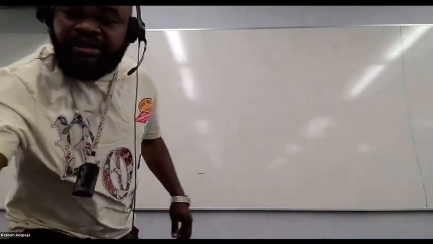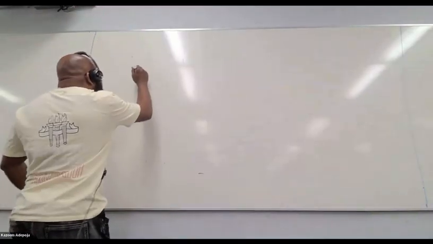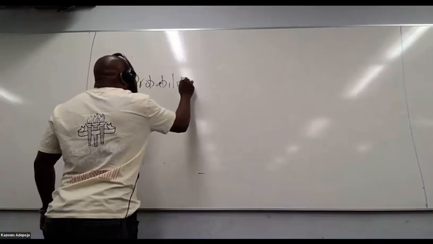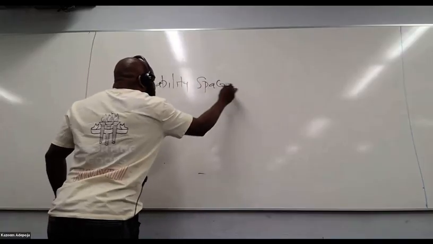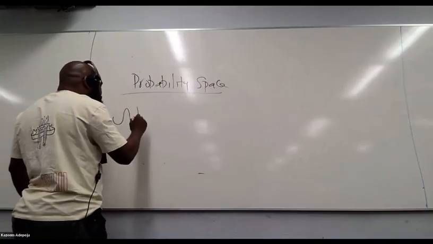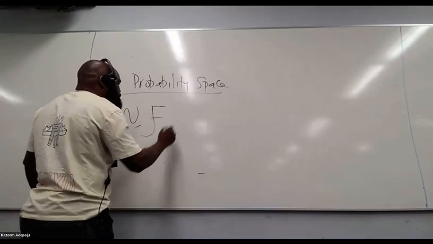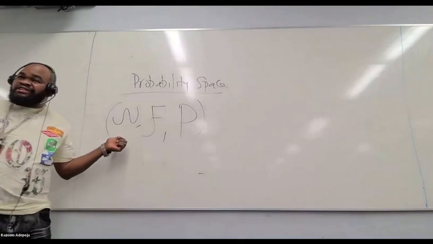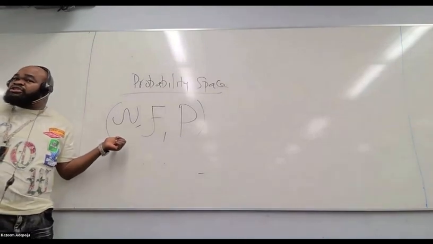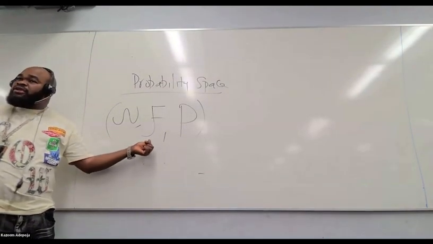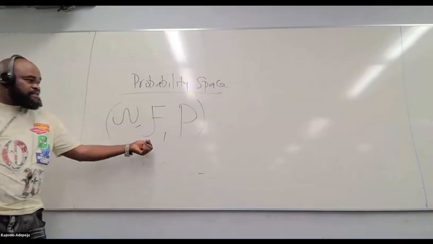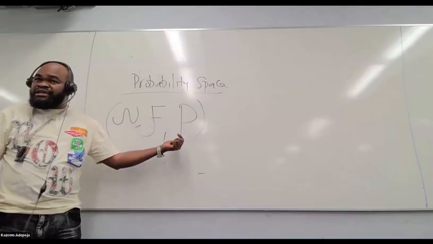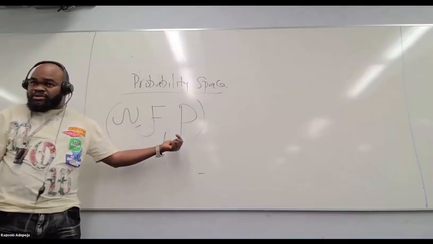Now I want to remind you of probability space. The first is the sample space, the collection of possible outcomes. The second is called F, that we call the set of events. The third is the probability measure, which assigns probability to events in the sample space.